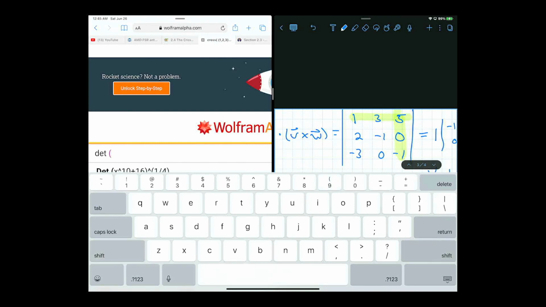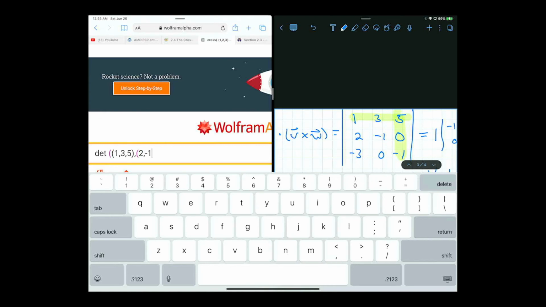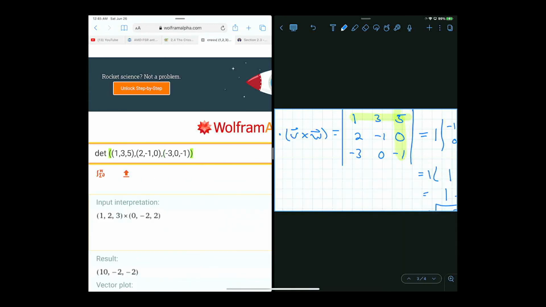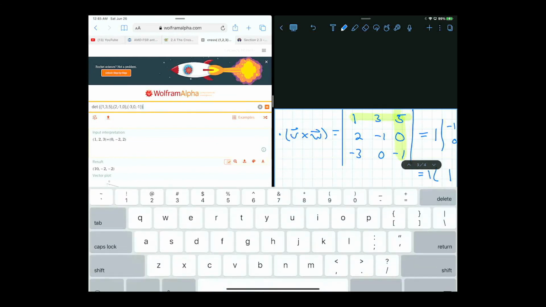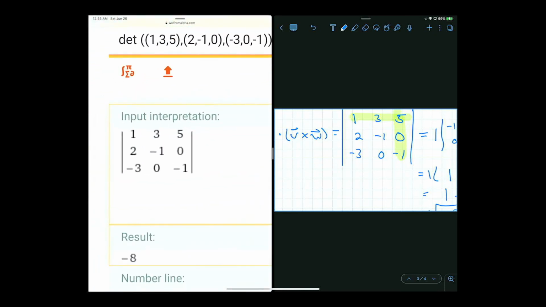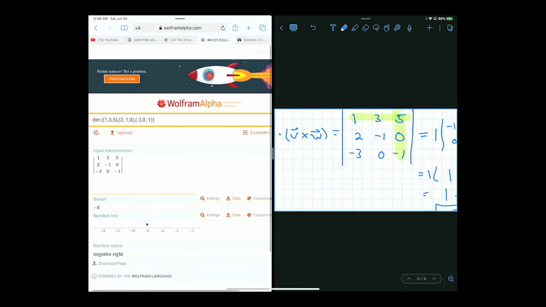It likes curly braces, but I'm too lazy to type curly braces, so use parentheses: 1, 3, 5, close parentheses, comma, 2, -1, 0, comma, open parentheses, -3, 0, -1, close parentheses, close parentheses. You'll know if you did it right enough if it does what you want it to do. Yep, it did this determinant, and the result is in fact -8. So not too bad there.